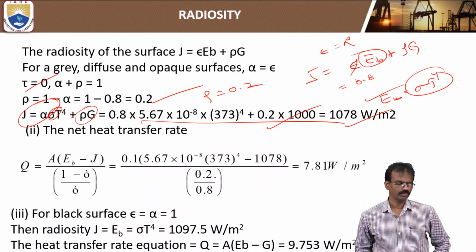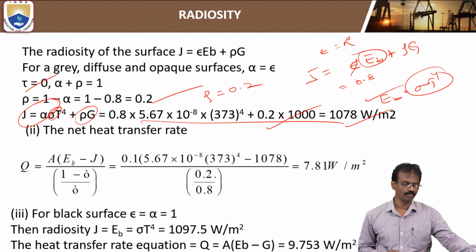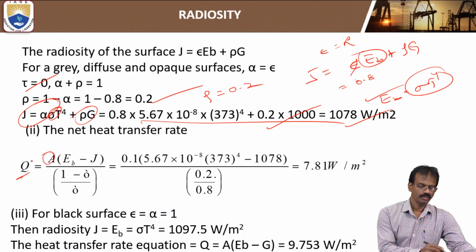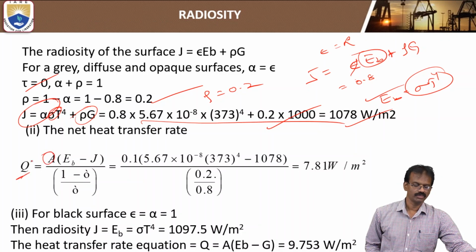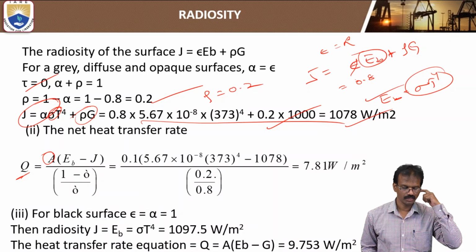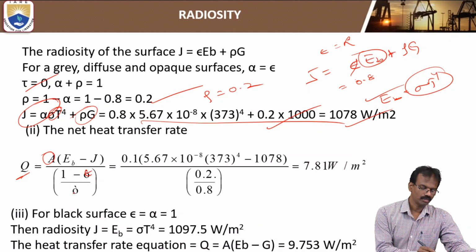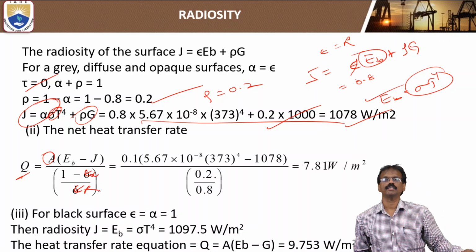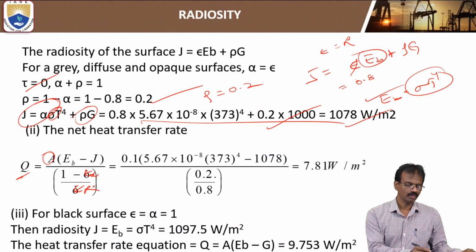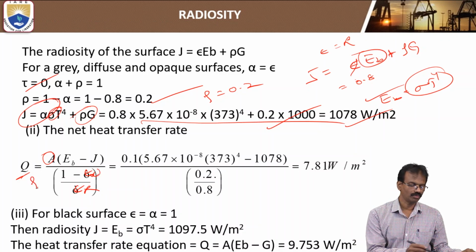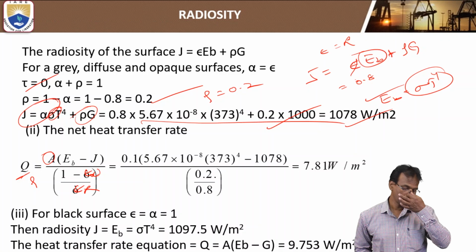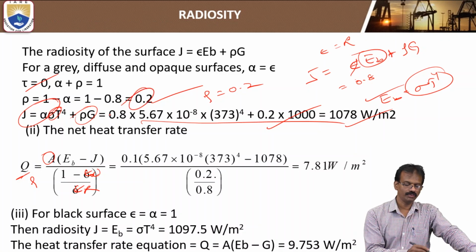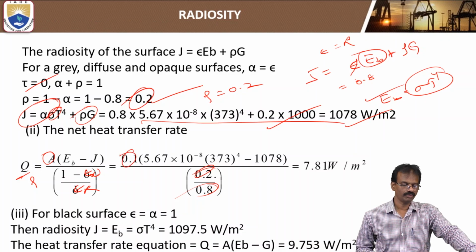So heat transfer rate, you already derived the formula. Q is equal to area into (EB minus J) by (1 minus epsilon) by epsilon, or (1 minus alpha) by alpha. You can take this. So 1 minus alpha is nothing but rho, reflectivity, that is 0.2. So 0.2 by 0.8. Area is equal to 0.1.